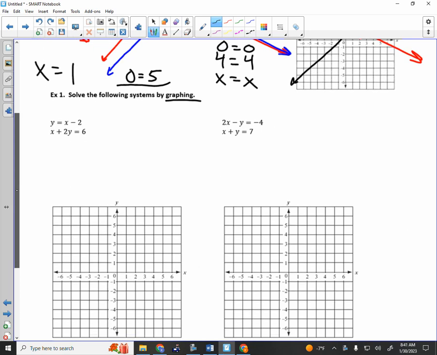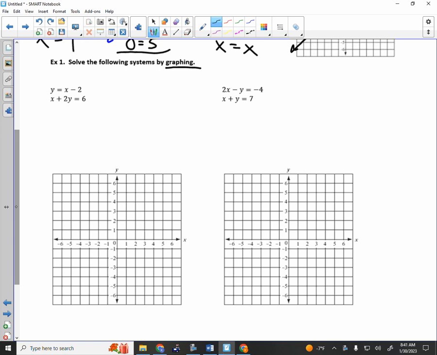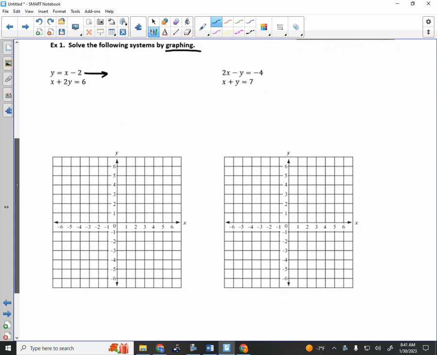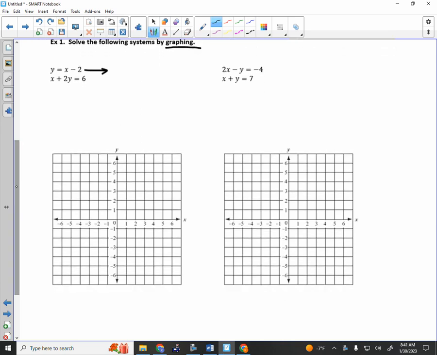When you solve these by graphing, all you want to do is graph each one and look for where the intersection point is. This is nice and easy because I can graph that. All I do is identify the slope and the y-intercept. What is the y-intercept for that first one? -2. So I plot -2.